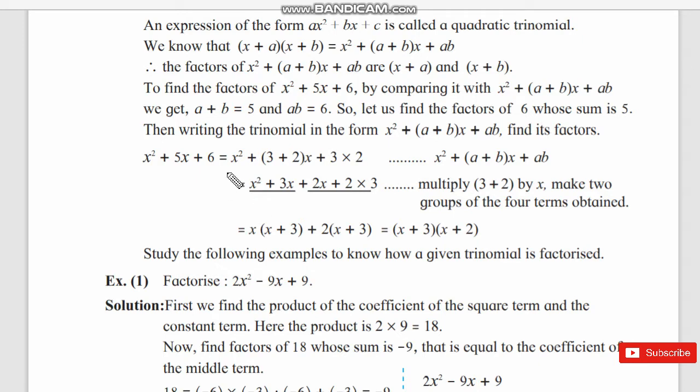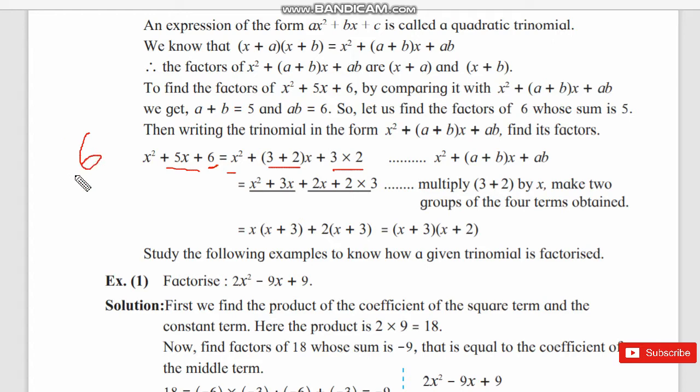This is the first term. We write it as it is, and splitting the middle term means 3 plus 2 and 3 into 2. When we split the middle term, what do we take? We take the third term and the coefficient of x square. Here the third term is 6 and the coefficient of x square is 1.